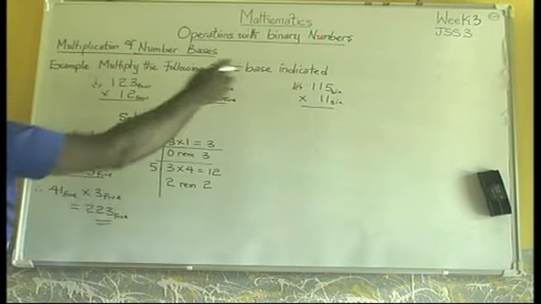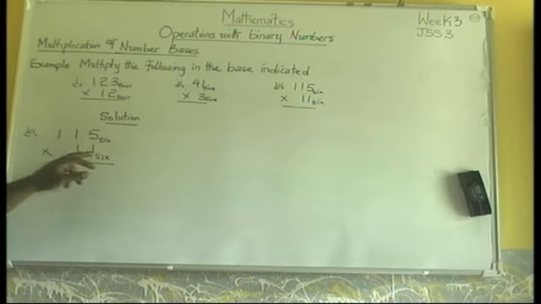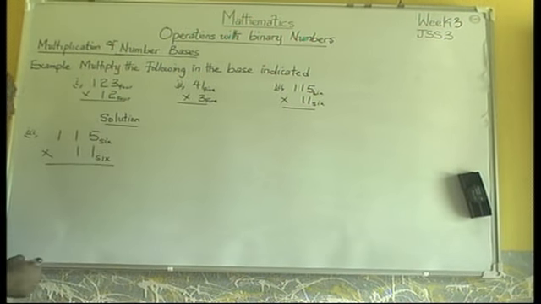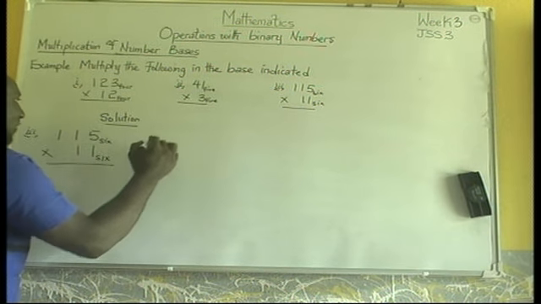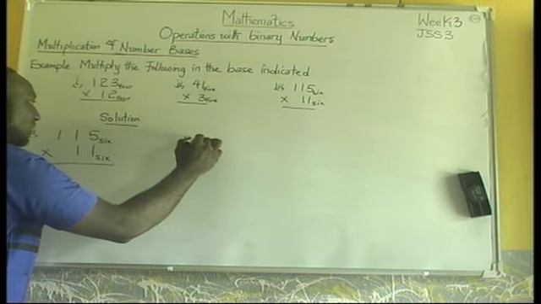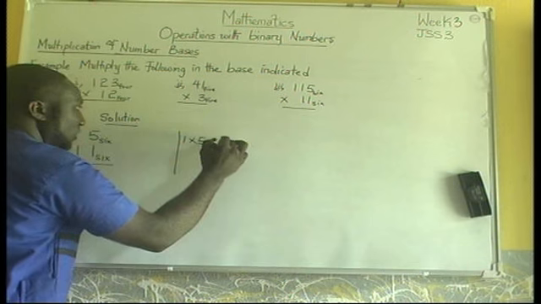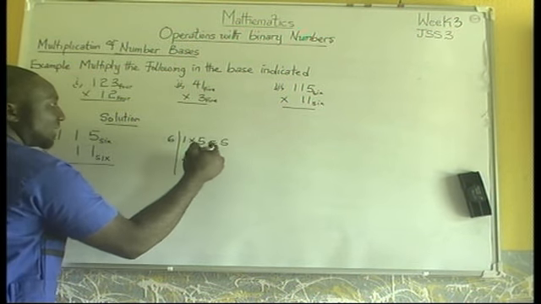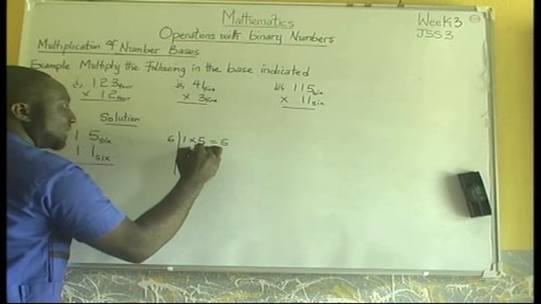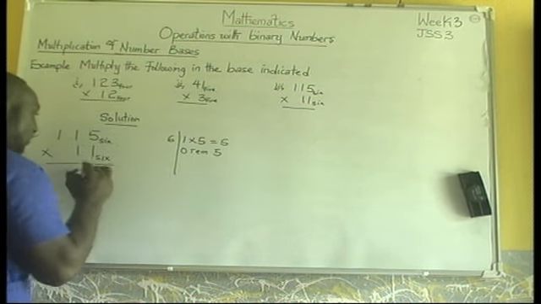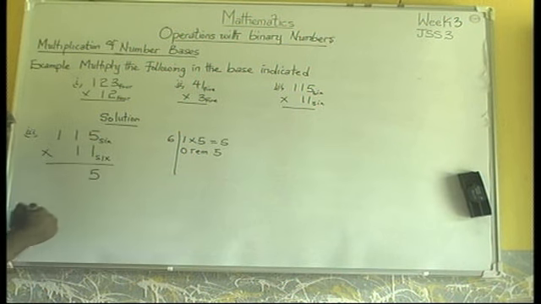That's the answer. Let's solve for the last one. 115 base 6 times 11 base 6. Now let's check it. 1 times 5 is 5. So let's operate it in base 6. 6 in 5 is 0, remainder that same 5. So you put the 5 here.